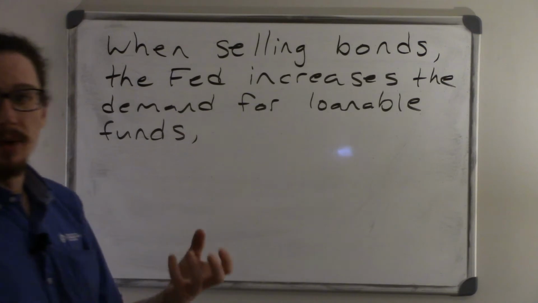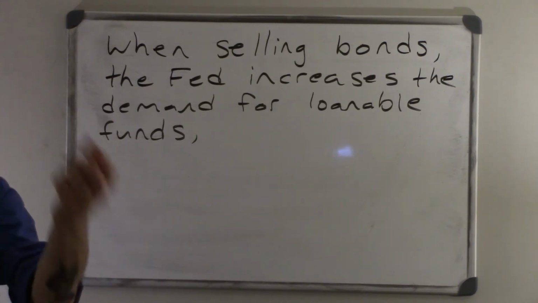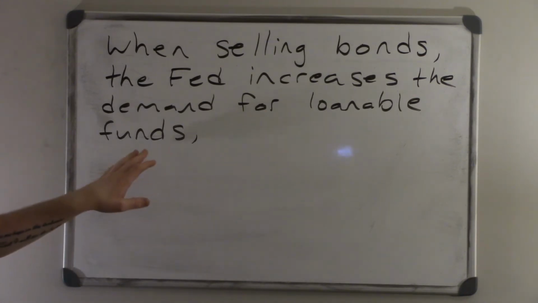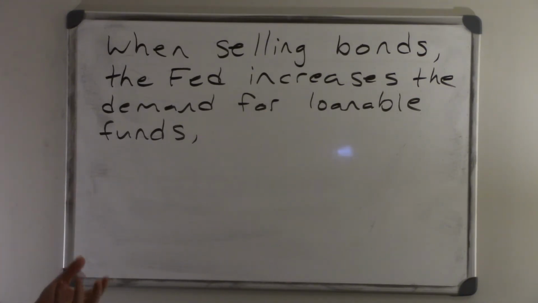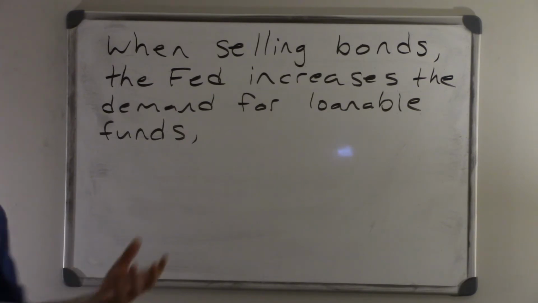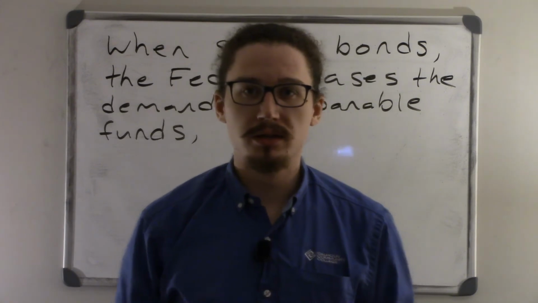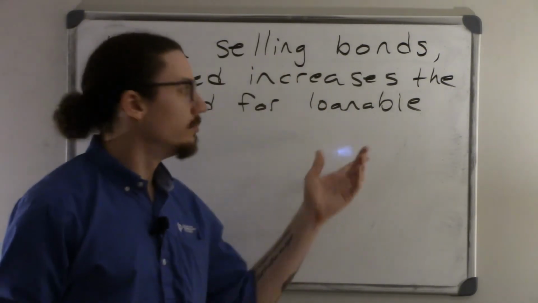So when the government is selling these bonds, they say, "Hey, we have these bonds. We will give you this bond. You give us money." All right, so that money that could have gone to a home loan, a car loan, a small business loan, what have you, goes to the Fed instead. And essentially, we can think of this as the number of buyers in the market increasing when the Fed starts buying these bonds.